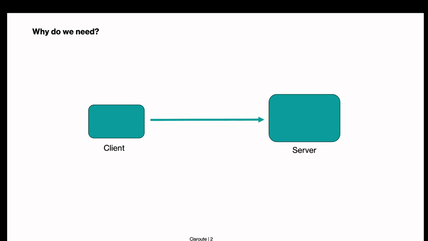Now let's say again the client wants to communicate with the server and we are typing www.cisroute.com. DNS is going to be a middleman and it's going to translate this www.cisroute.com into an IP address, which is, let's say, 10.0.0.1. And now the server would be able to understand, okay, you are reaching out to me.